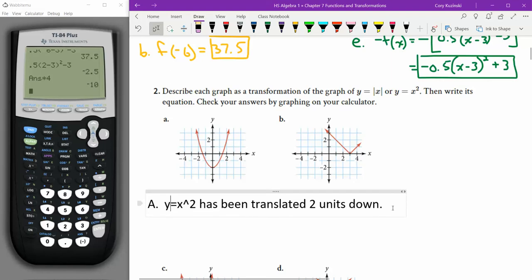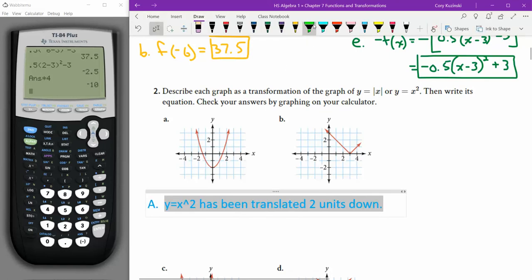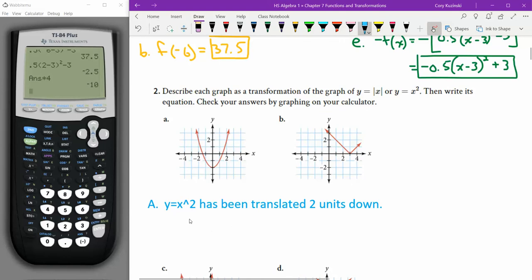And its equation, I guess I'll handwrite the equation. The equation would be y equals x squared minus 2. So we replace y with y plus 2, and then I subtract 2 from both sides.